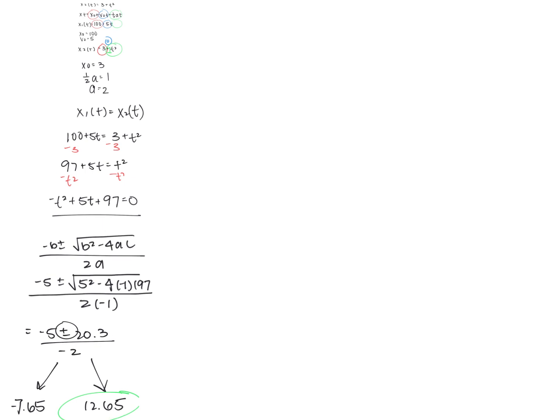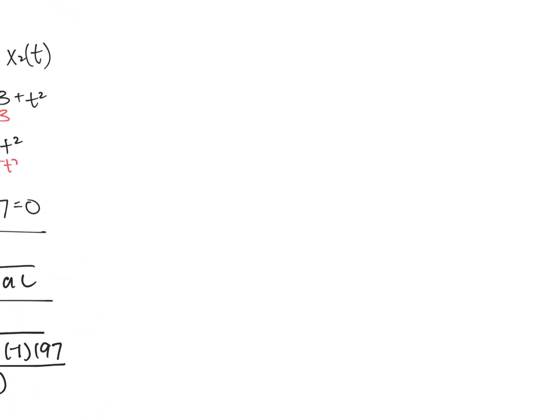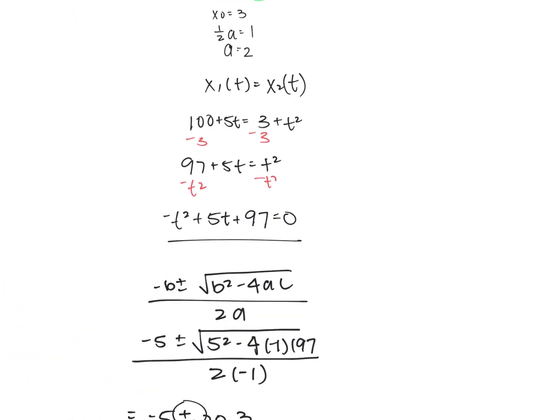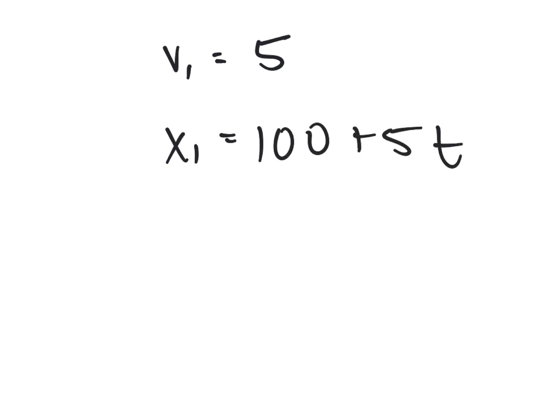Now, we must find out what time the velocity of object 2 is equal to the velocity of object 1. And in order to do that, first we know that our v1 is given as 5. And that is in the first equation, x1 equals 100 plus 5t. v2 is different. The equation would be this.